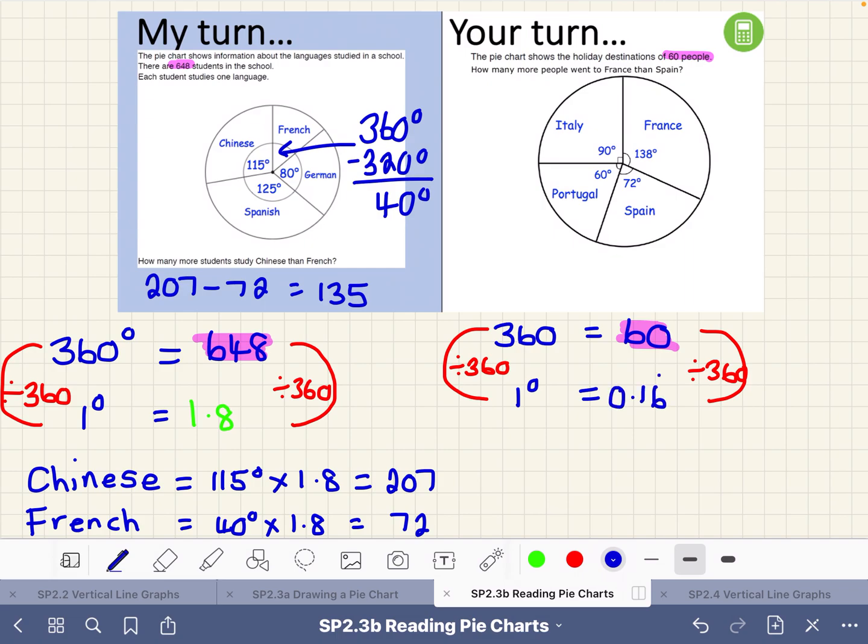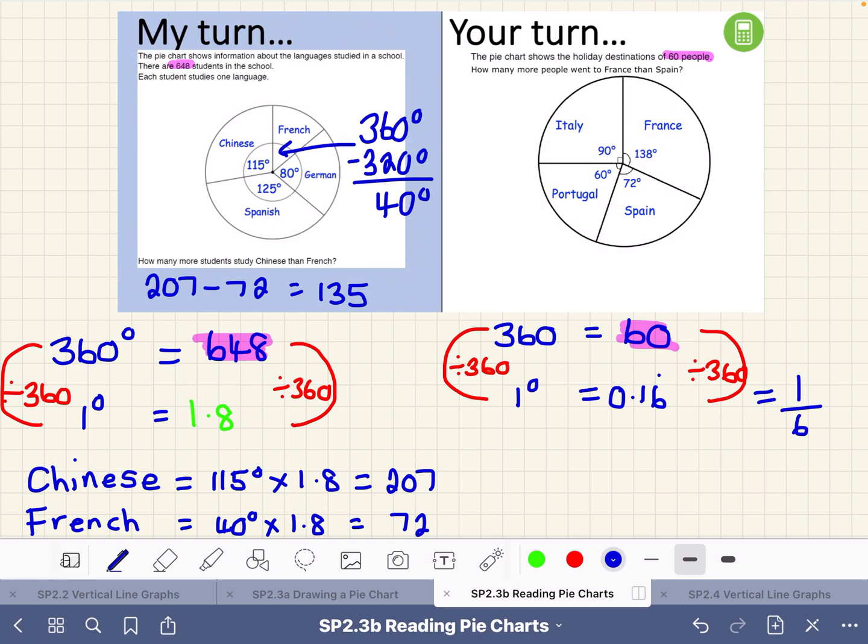0.16 recurring people. Now, because we have a recurring decimal, we will leave that on our calculator when we do our calculations to make it easier for ourselves. You could also express it as a fraction, which is 1 out of 6. This may make it easier for you to calculate with.